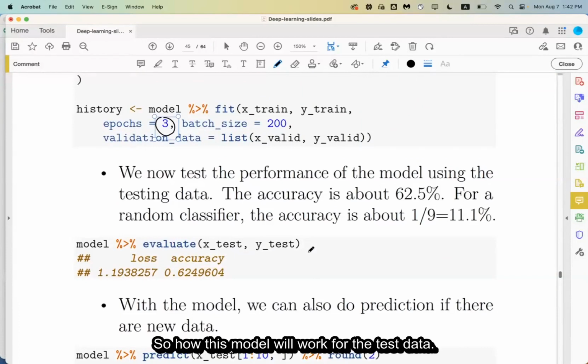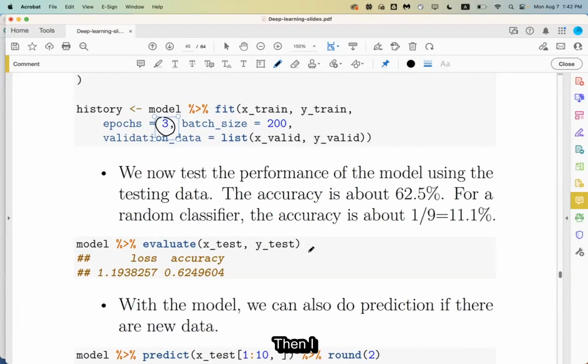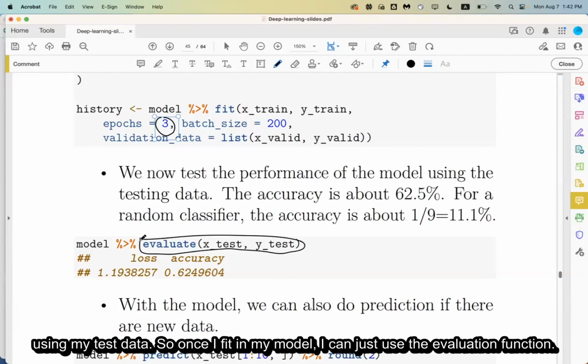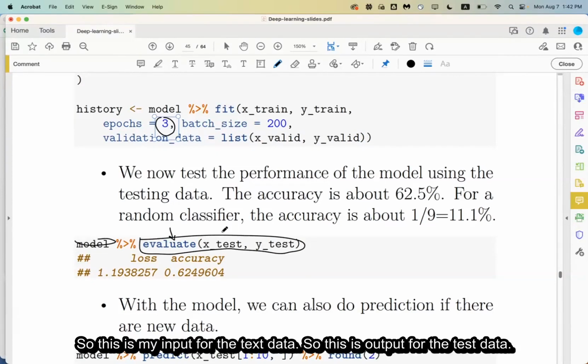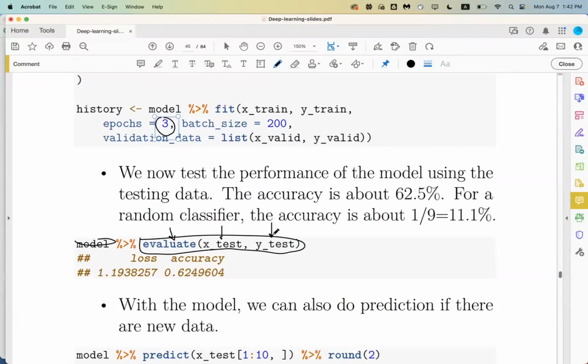So how will this model work for the test data? Then I evaluate the model using my test data. Once I fit my model, I can just use the evaluation function. So this is my input for the test data, and this is the output.